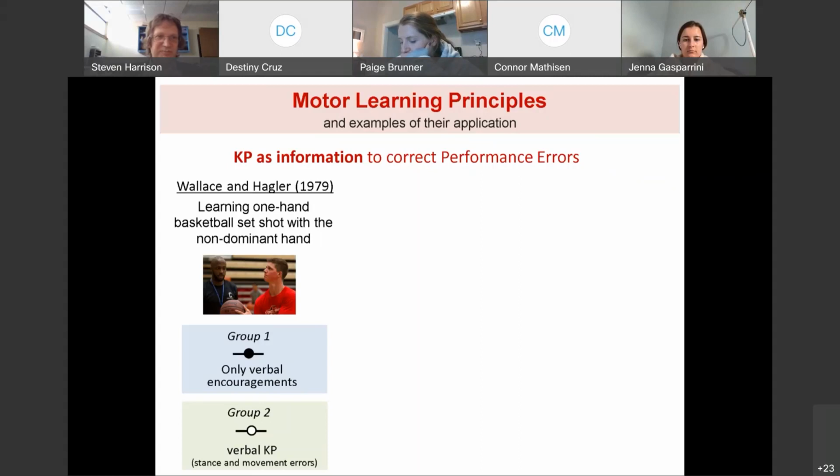Both are going to receive some form of augmented feedback, but one is only going to receive verbal encouragement, and the other is going to receive verbal knowledge of performance. They're going to receive specific comments related to their stance and the specifics of the movement errors that they're performing, provided by expert basketball coaches.